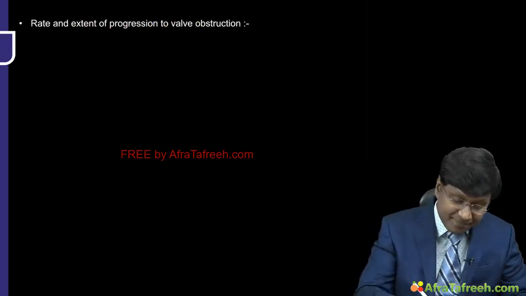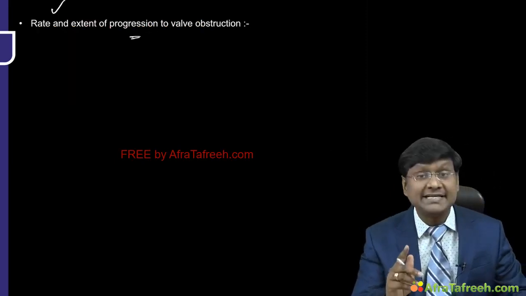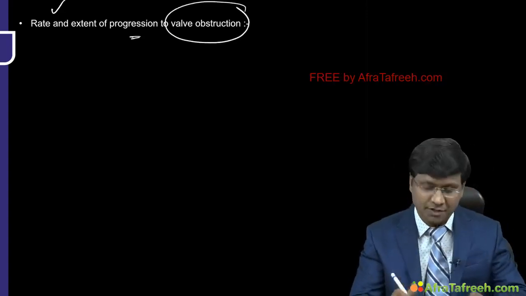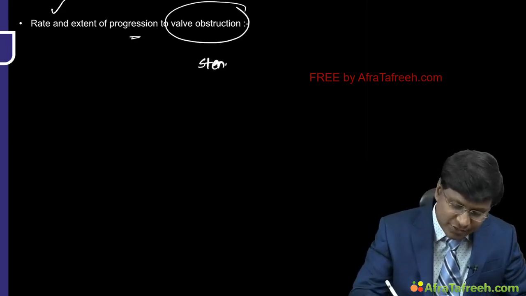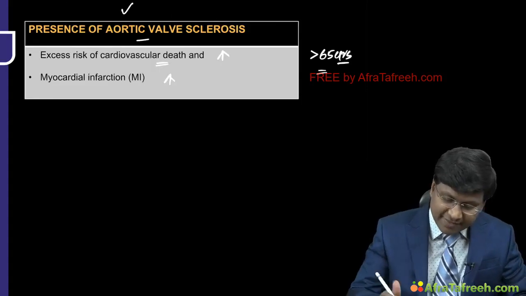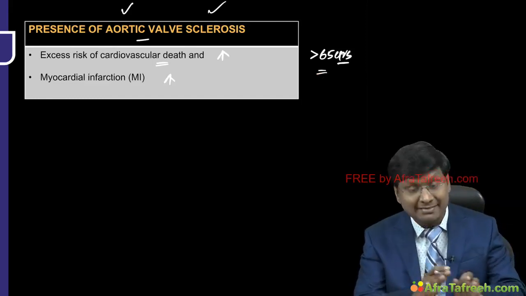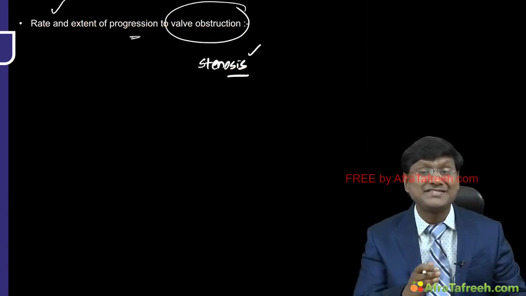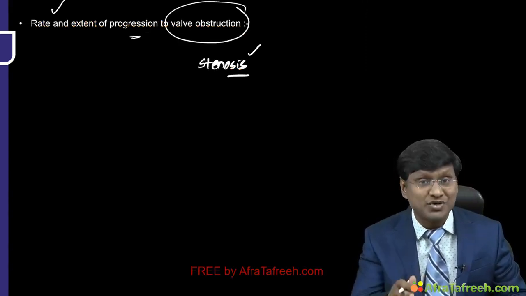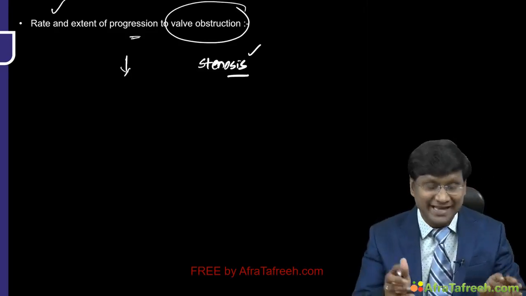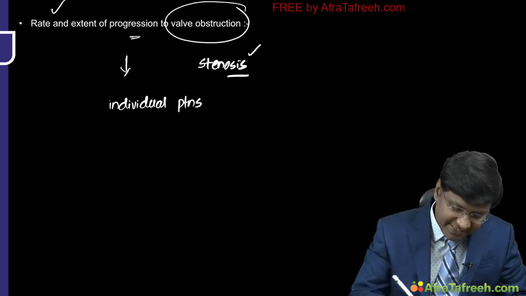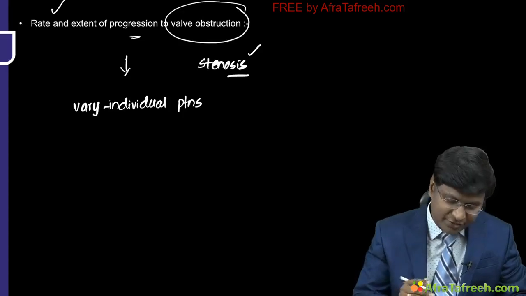And the rate and extent of progression to valve obstruction, obstruction meaning stenosis, vary among individual patients. Initially you have aortic valve sclerosis, and that progresses to the development of stenosis.